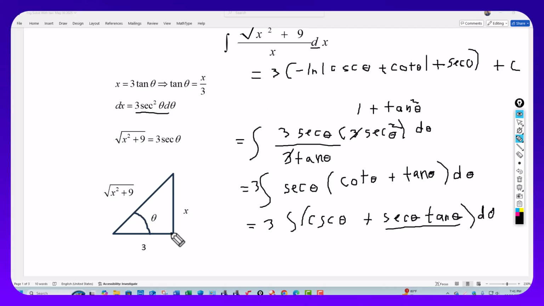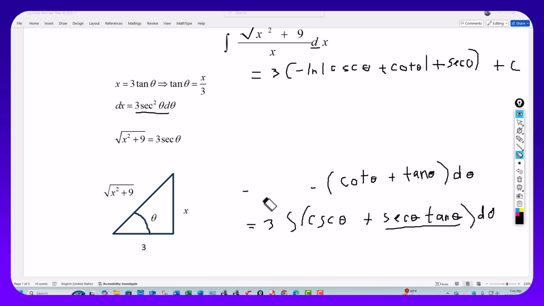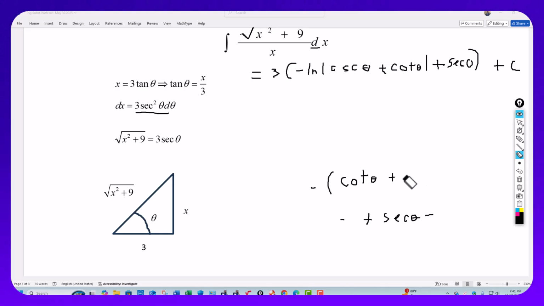Now we're going to use the triangle to go back to the original variable. Anytime you use a substitution, once you finish your integration, in this case with respect to theta, then we go back to the original variable, which involves x. So to the triangle then, I'm going to multiply it here by 3. So the 3 multiplies the minus 1 here. So I'll put it right here, minus 3, and then it's the natural log.